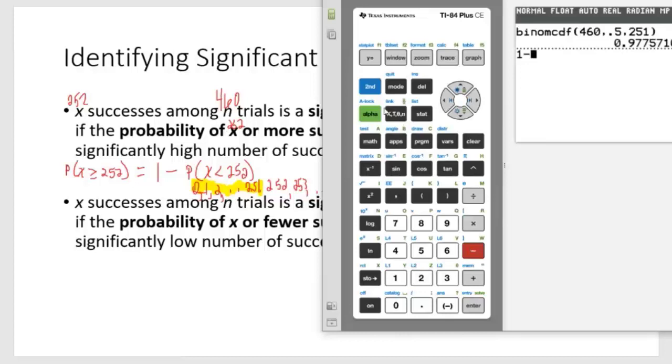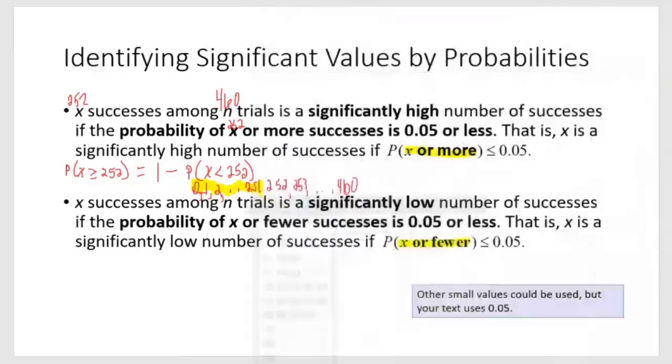And then 1 minus that answer. So the probability of getting 252 or more successes is 0.022. And then this is less than or equal to 0.05. So again, we would say yes, it is significantly high.